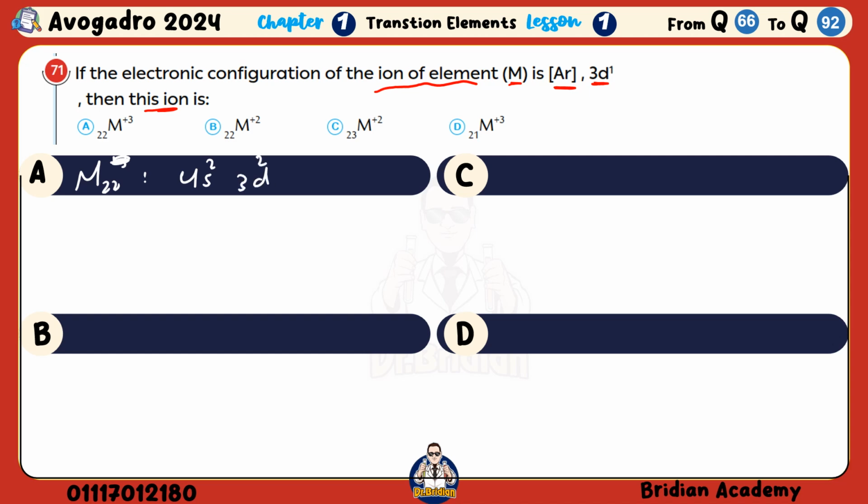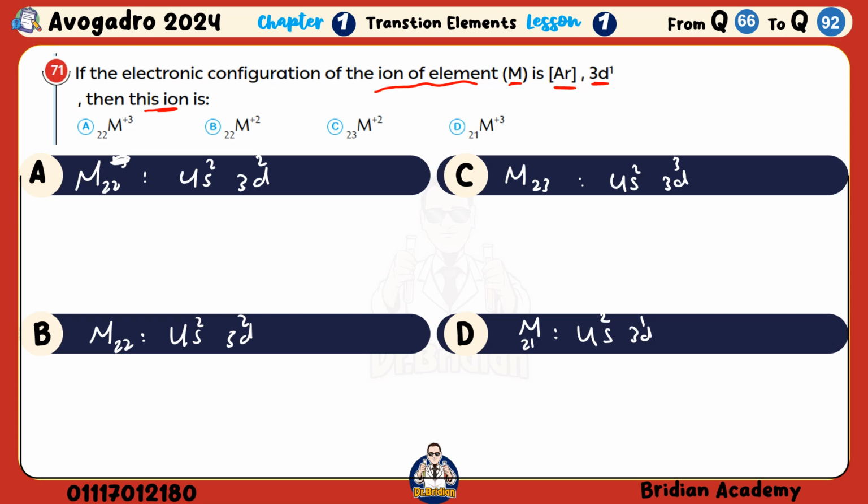In choice B, you have M 22, which is 4s2 3d2. In choice C, you have M 23, argon 18 4s2 3d3. In choice D, M 21, 4s2 3d1 in electron configuration.